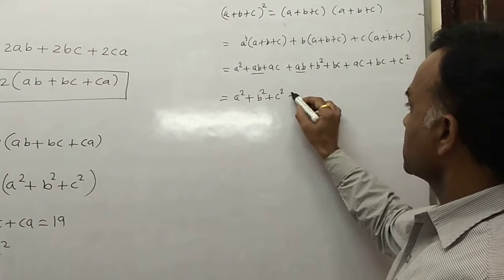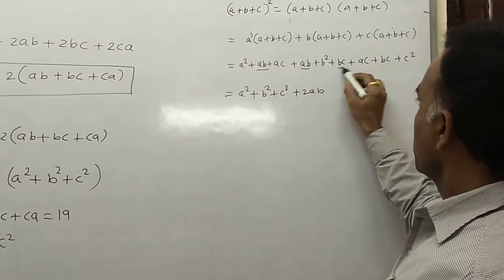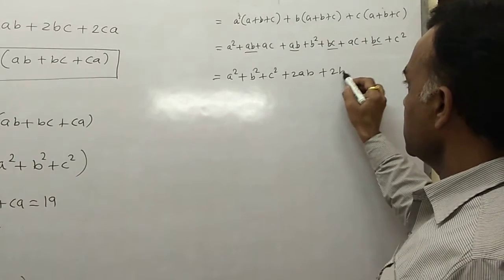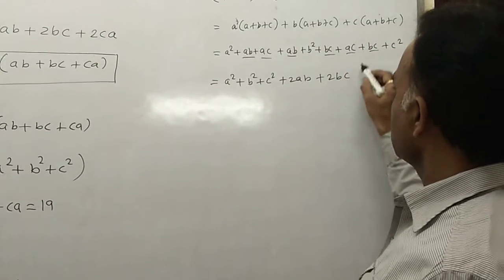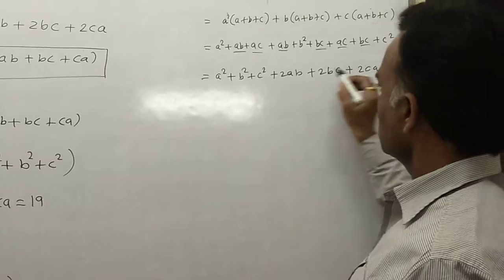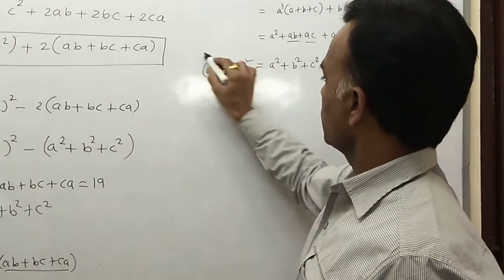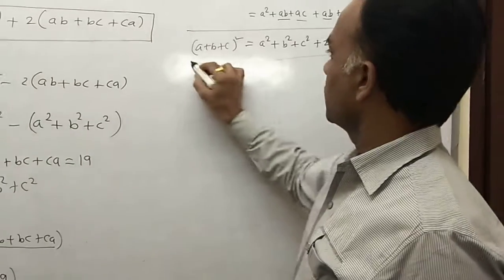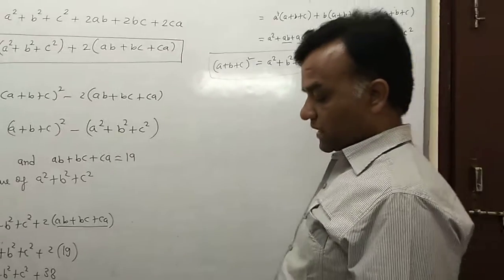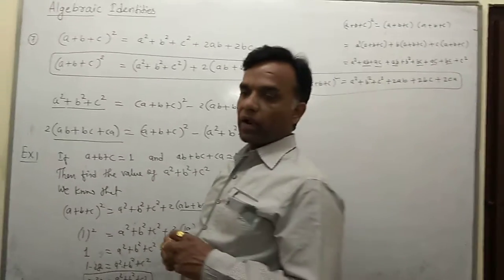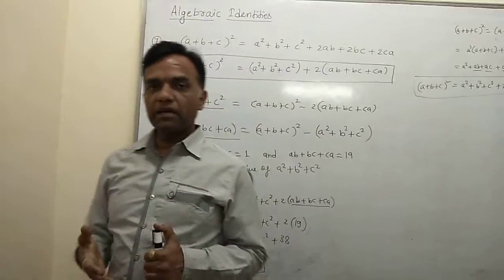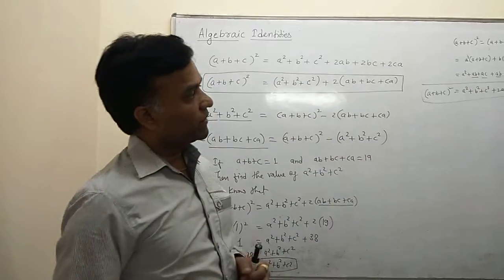AB plus AB, that is 2AB, BC plus BC, that is 2BC, and AC plus AC, that is 2CA. Okay, so this is (A plus B plus C) whole square. You find out, like open this bracket, and then you get the identity. Okay, so that is not compulsory. You learn this identity and then you write down. Or first you make the identity and then use the concept of the identity.